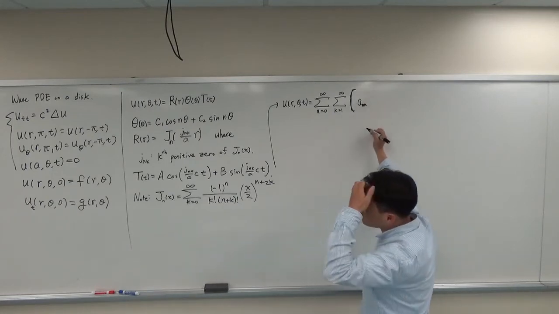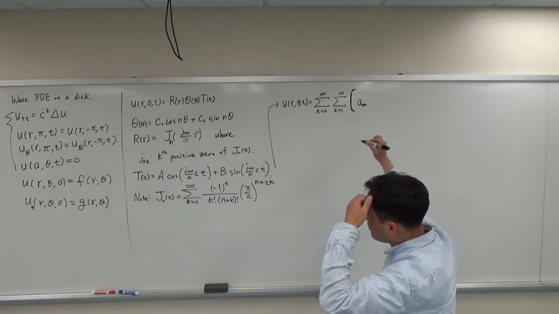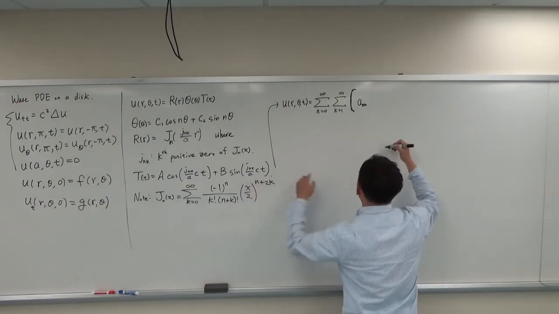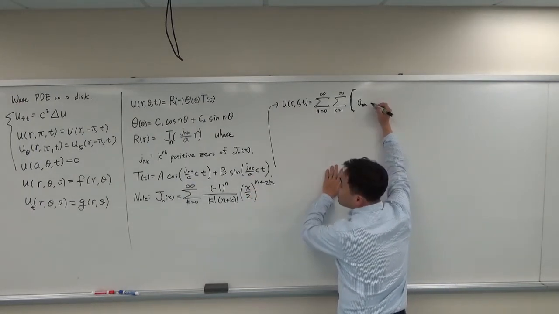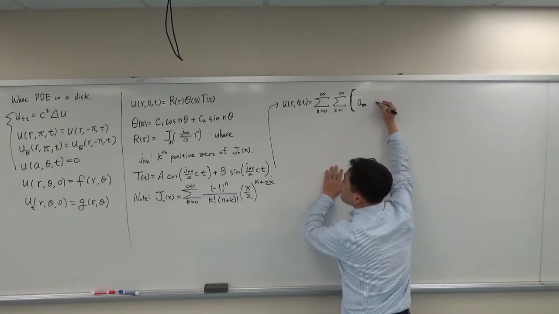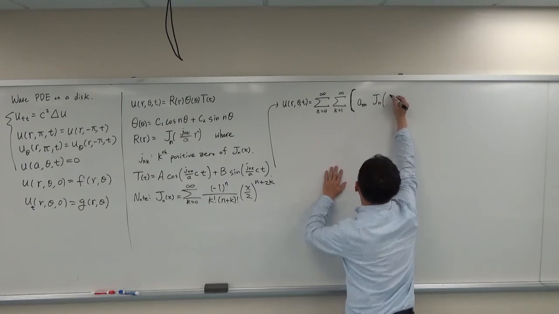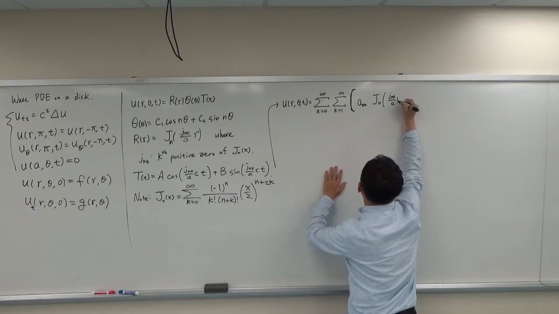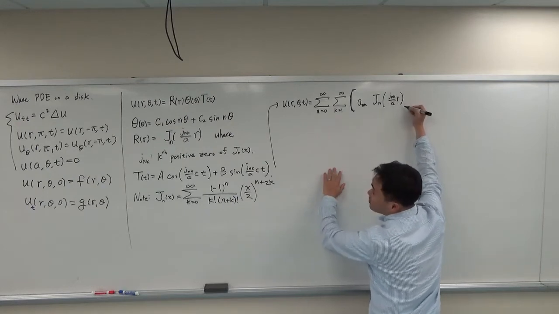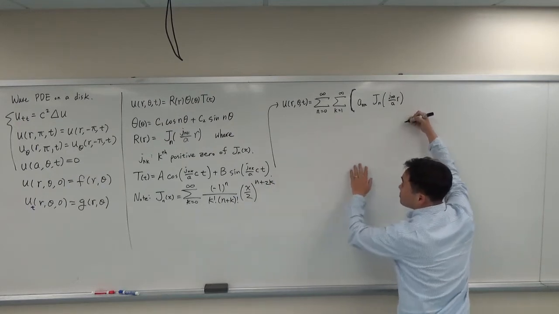Did I use A for something else? I have A without index, but I guess it's okay. So A_nk J_n(j_nk over a r) and then theta, t. That'll be the order I'll go.